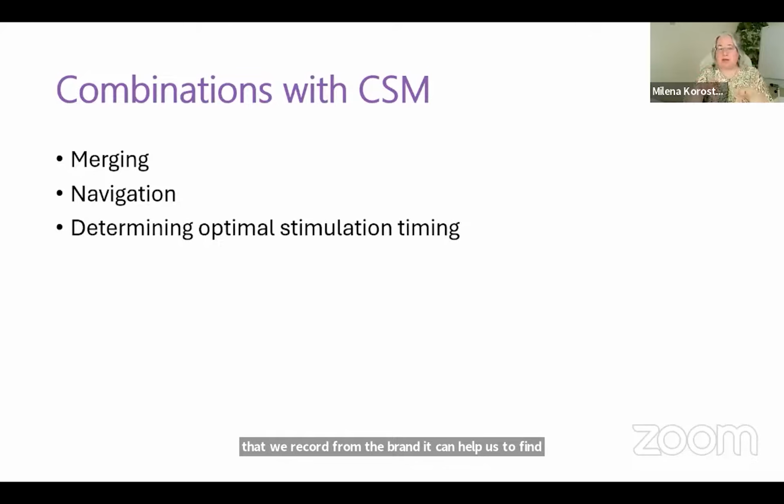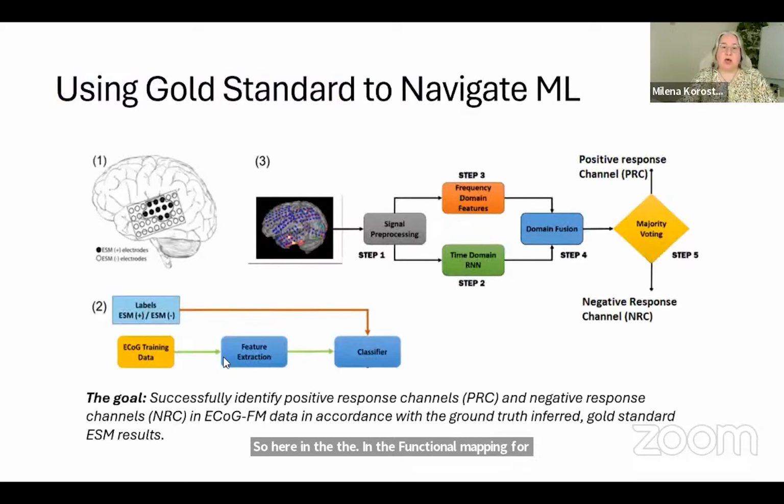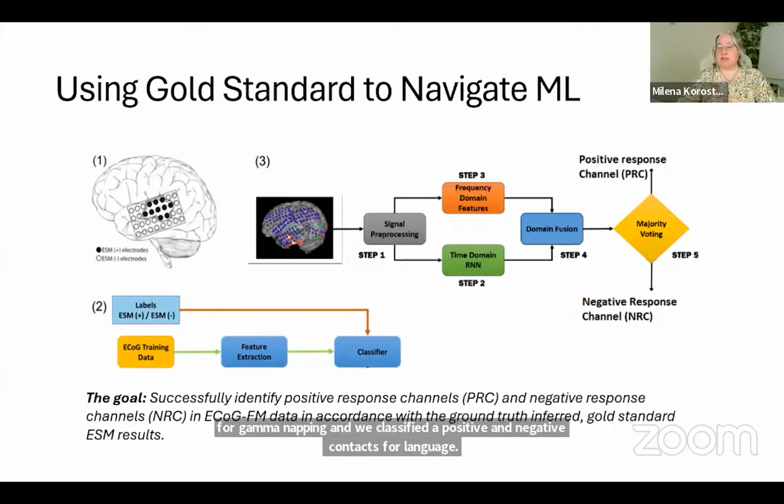So here in cortical stimulation, in functional mapping for epilepsy surgery, this might be the case, and we really need to look into it. So this is one of the studies that we did with a group from computer vision, Dr. Bakhchi, and we merged gold standard cortical stimulation and real-time functional mapping, or gamma mapping, and we classified positive and negative contacts for language based on ESM results.